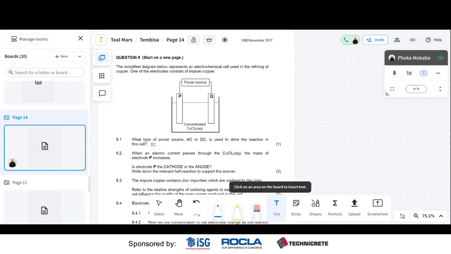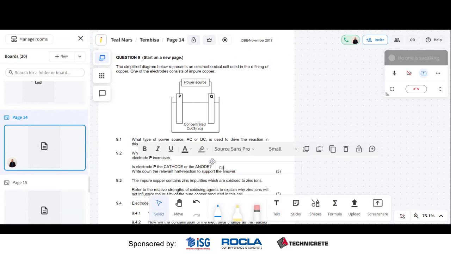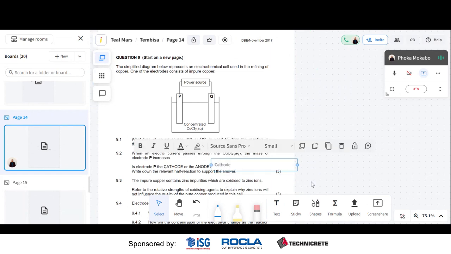This is the cathode. The equation that you would use to show this is the half reaction of copper.